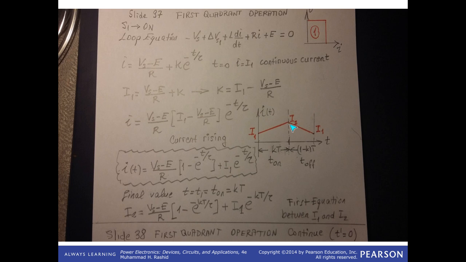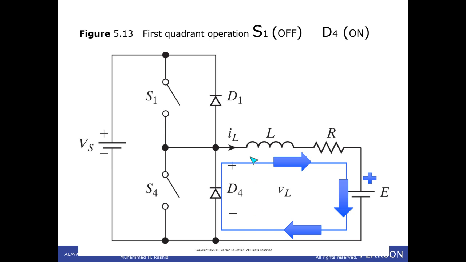Now current is in the maximum. Then we come to this case. We put S1 off. However, D4 is inherently on, although I put it here D4 on, not necessarily. You shouldn't write that one. I just wanted to remind you D4 on. So the current is going to flow like this.